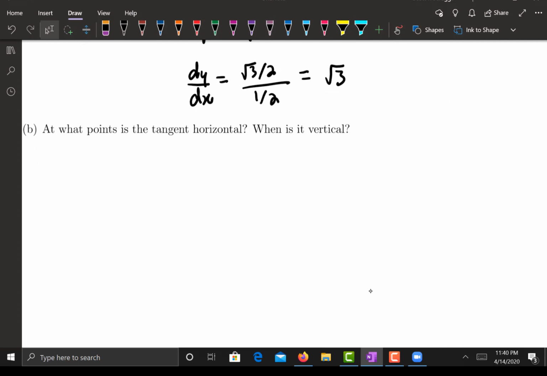Let's go ahead and start answering the question again about when am I horizontal and when am I vertical for this guy. Now, just like before, for horizontal, we need to find out what makes the derivative equal to 0.